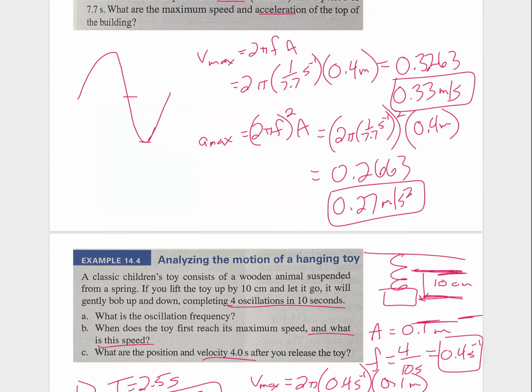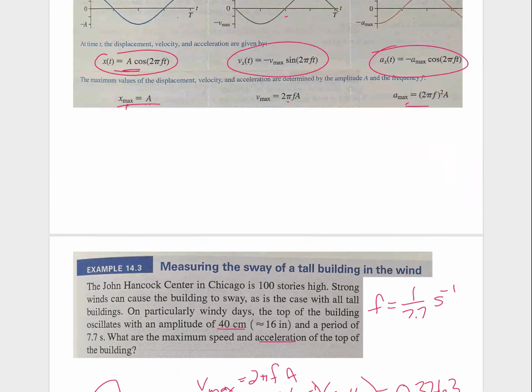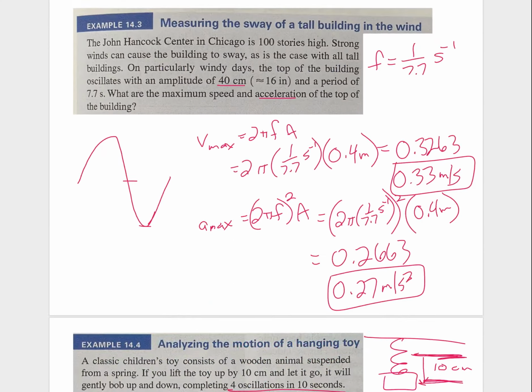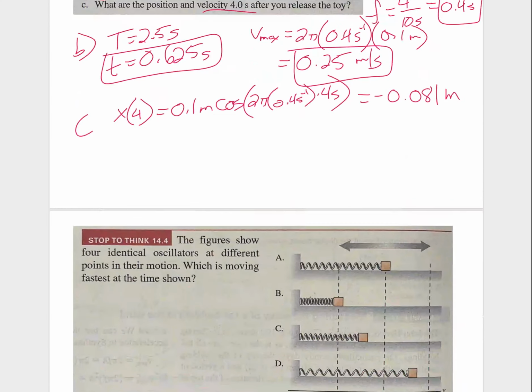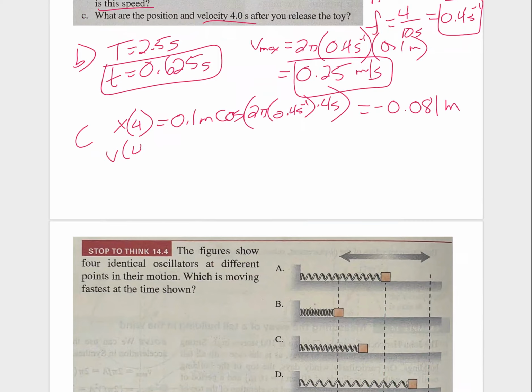Again, we have a velocity equation, not velocity max, but this one. It's negative V max times sine 2 pi f t. So V at 4 equals negative V max times sine 2 pi times the frequency, 0.4 inverse seconds, times time, 4 seconds.